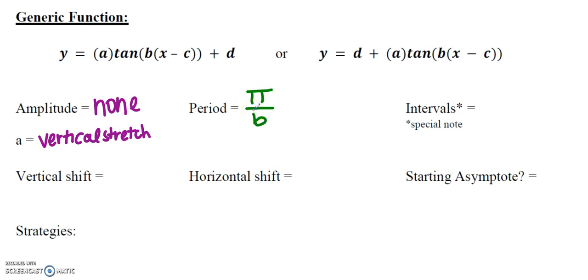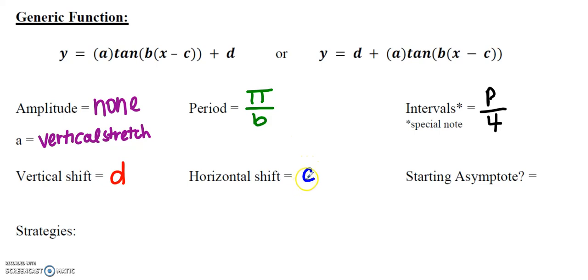We're comparing to the parent function, and the parent function completed a rotation in pi. Our intervals then is going to be the period divided by 4, except this time we're going to count, well, I'll get back to that in a second. Hold on. Vertical shift will still be our d value. Horizontal shift will still be our c value.